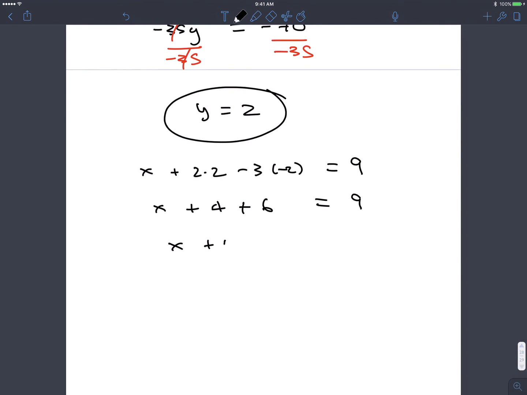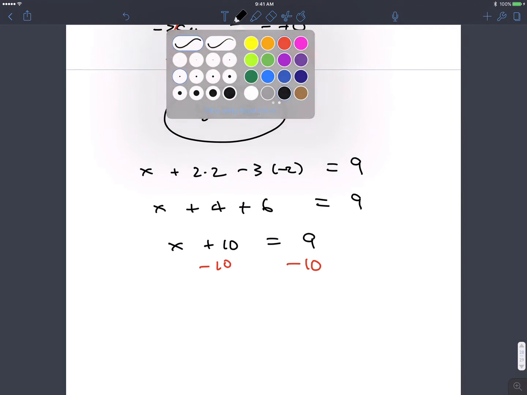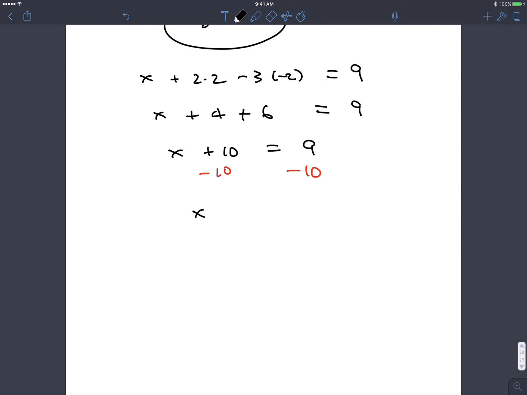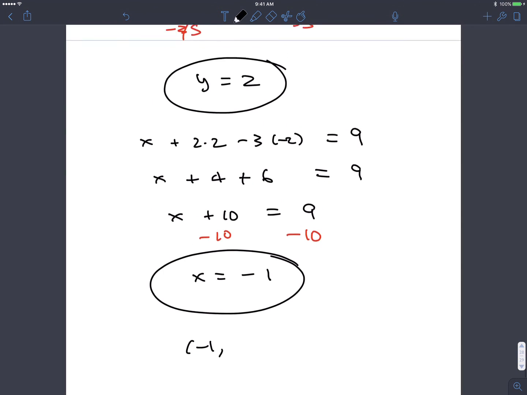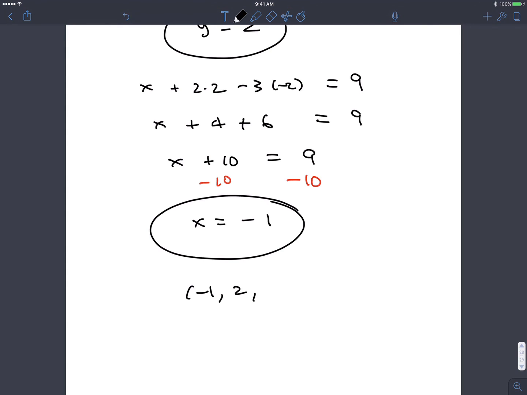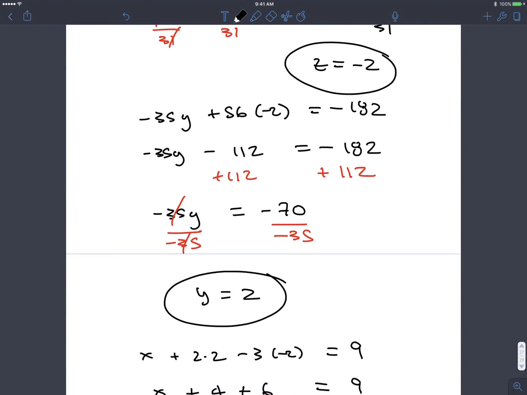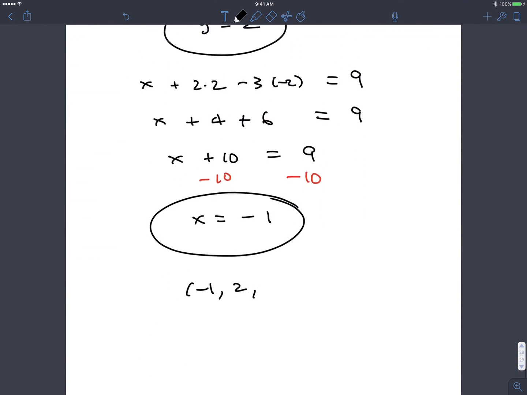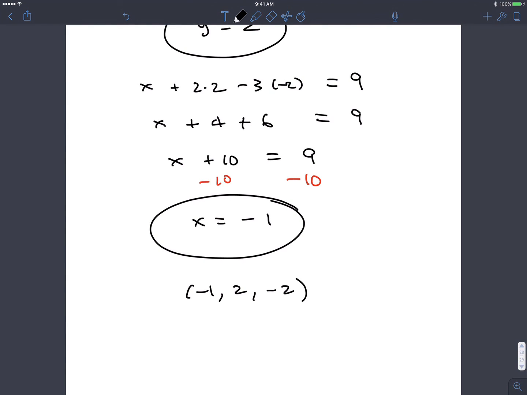So we get x plus 10 is 9. I'm going to subtract our 10 from both sides here. We now get x is negative 1. So the ordered triple is negative 1, positive 2, negative 2. This is our solution. We're done. This is number 25.